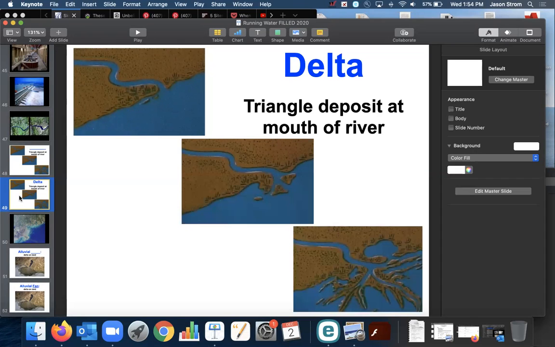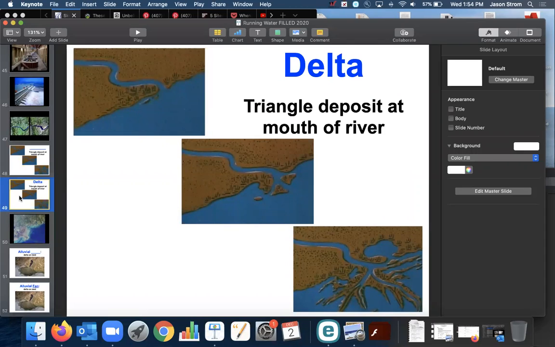So yesterday we talked about the different ways that running water can transport sediment, and one of those was in suspension. So as water is moving, there's kinetic energy, and that's enough energy to keep that sediment suspended in the water. But when that water slows down, it doesn't have that energy anymore, so the sediment will settle.